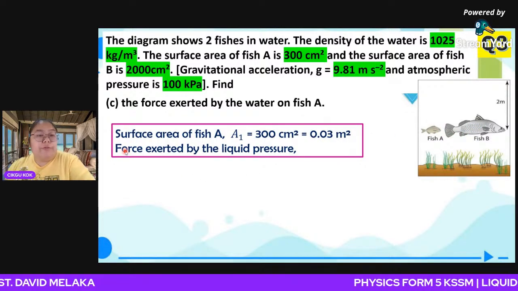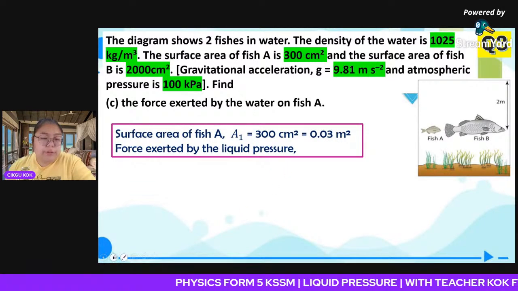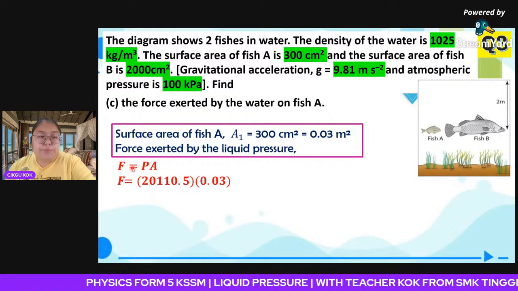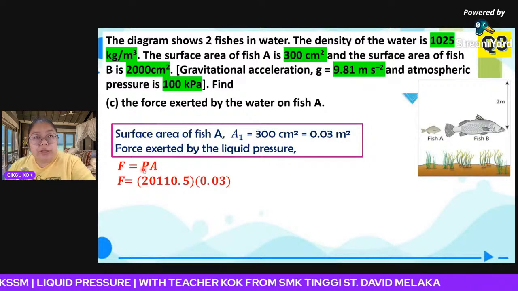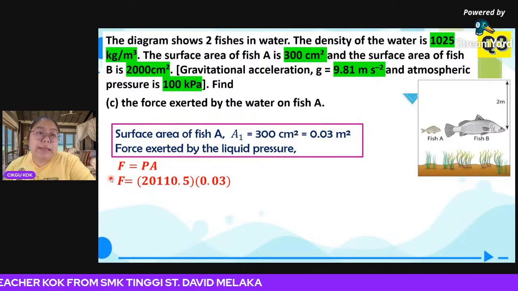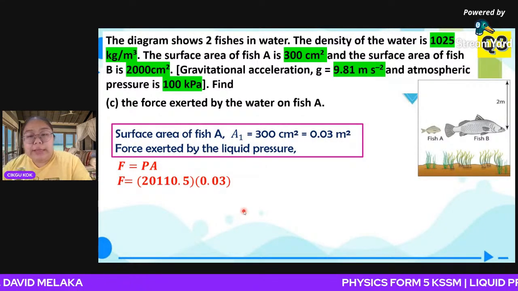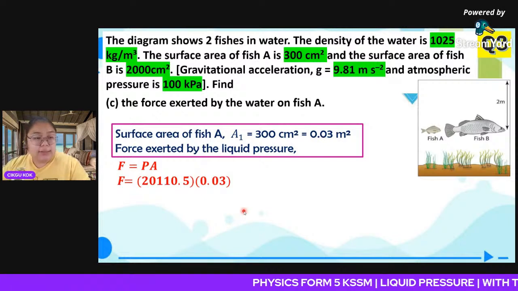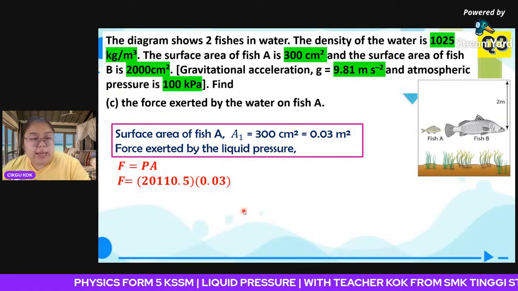Now we need to find the force exerted by the liquid pressure. So the formula is F equals PA, because the formula for the pressure is F over A. If I want to find force, then P multiplied with the surface area. So the student, can you give me the answer for the force acting on the fish A?